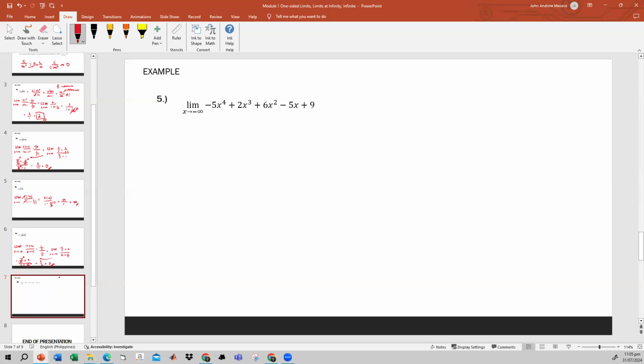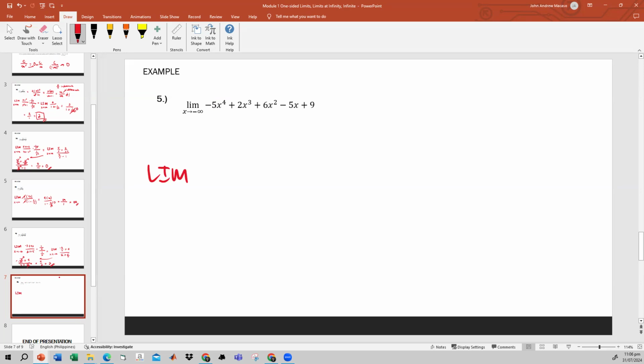If you are dealing with a polynomial function, what you need to do is factor out the highest degree. So again, what is the highest degree of this polynomial function? Of course, that's x raised to 4. So I will factor out x raised to 4.